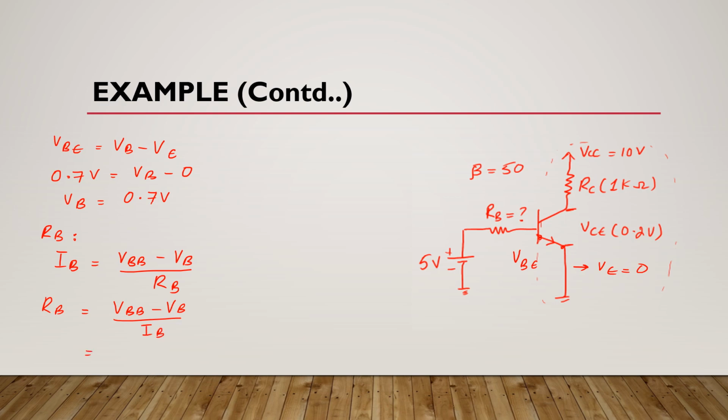Here VBB is 5 volts, VB is 0.7 volts and IB is 1.96 into 10 raised to the power minus 4 amperes. After solving this, you will get 21.93 kilo ohms, which is the value of RB. So this is your answer here.